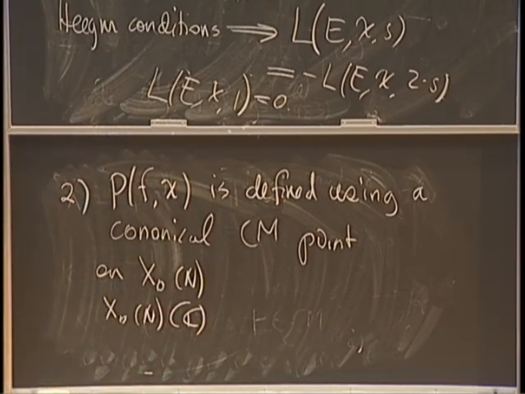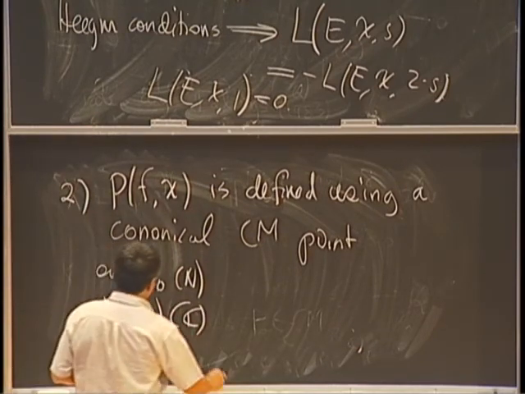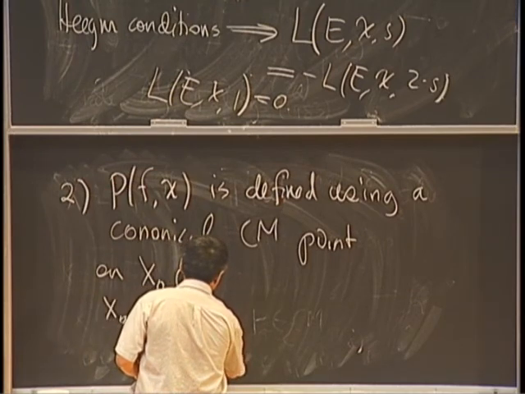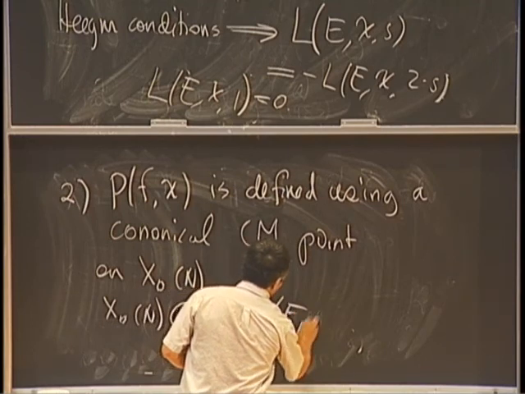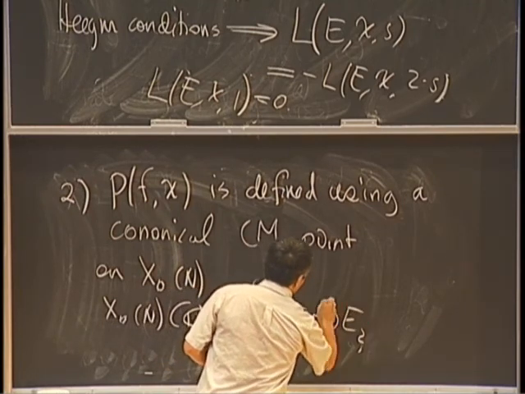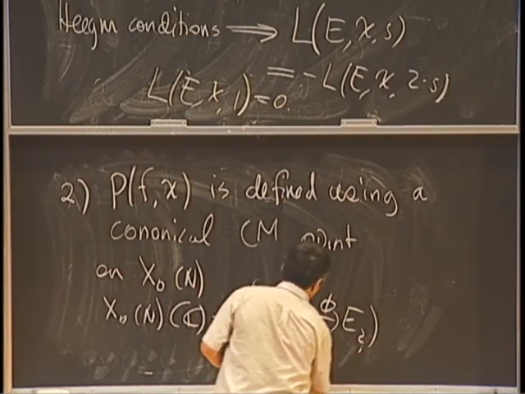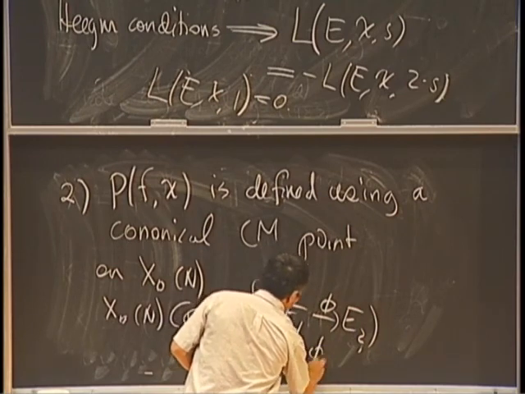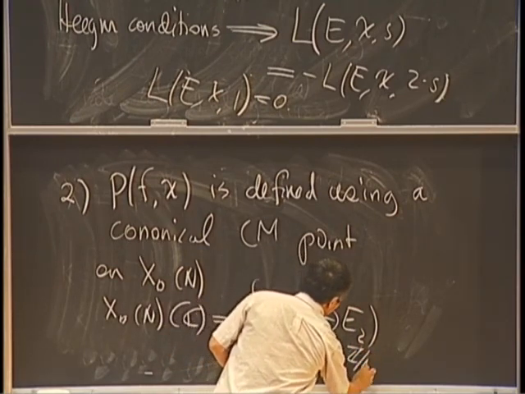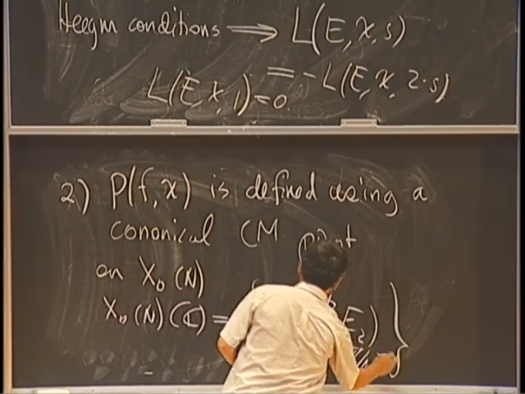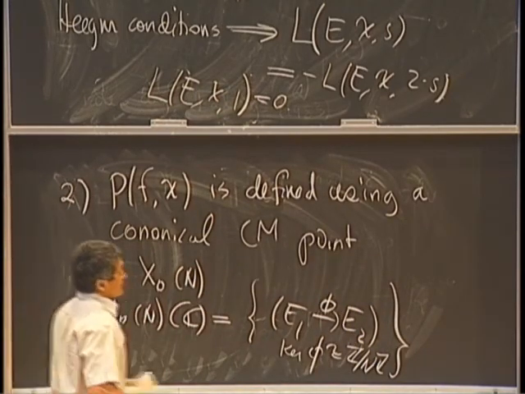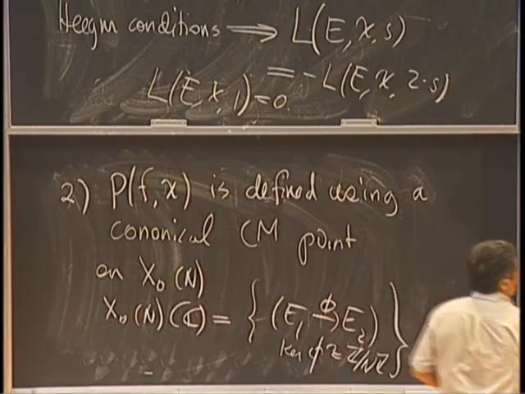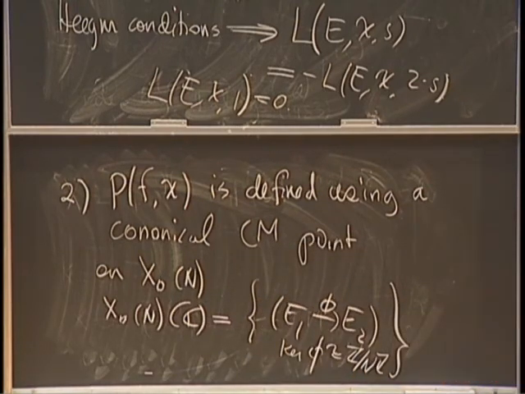Probably in the next lecture you can see that. It is given by pairs of elliptic curves, E1 to E2 with an isogeny phi, where the kernel of phi is isomorphic to Z mod N Z, a cyclic group. So the CM point you can choose is the canonical one.